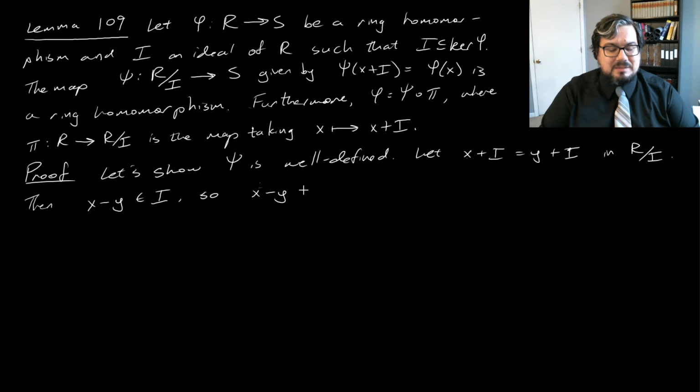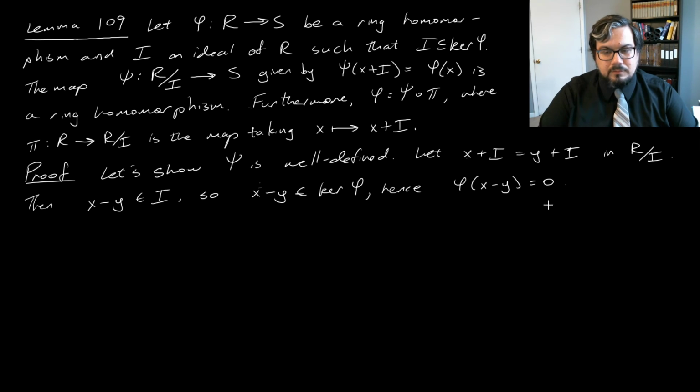So that means that x minus y belongs to the kernel of phi, and hence phi of x minus y equals 0. Here, this is the 0 inside the S ring. I'm going to forego the subscripts for now unless something becomes less clear.